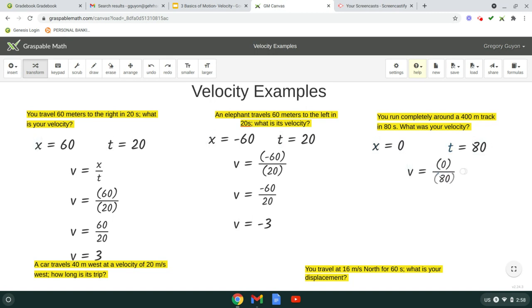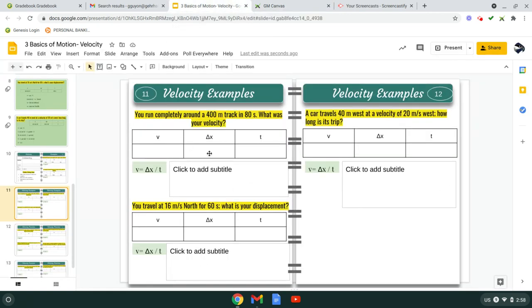Anything that 0 is divided by is going to wind up being 0 itself. So we take 0 divided by 80, and we get an answer of 0. So the velocity was 0. Plug that in: delta x is 0, time is 80 seconds.